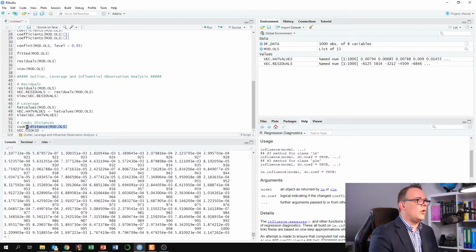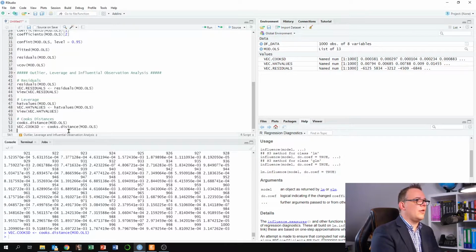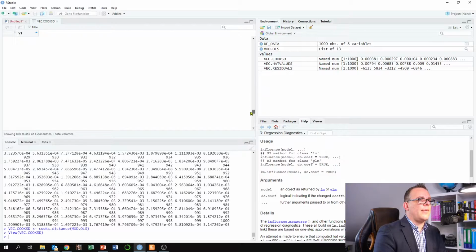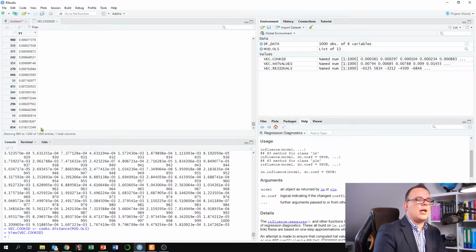I store all those in this vector, and I view the vector. And I sort the vector. And of course, now I find those with very high Cook's distances here. And I can check if they are influencing my OLS regression.